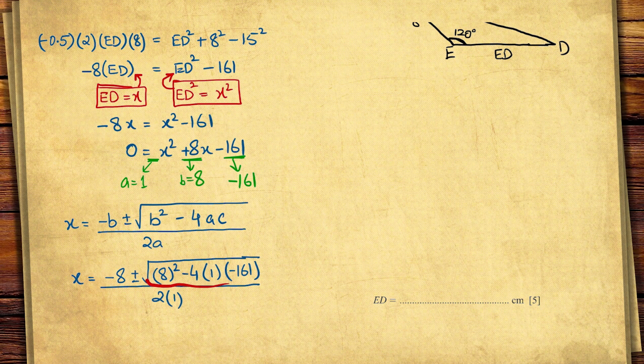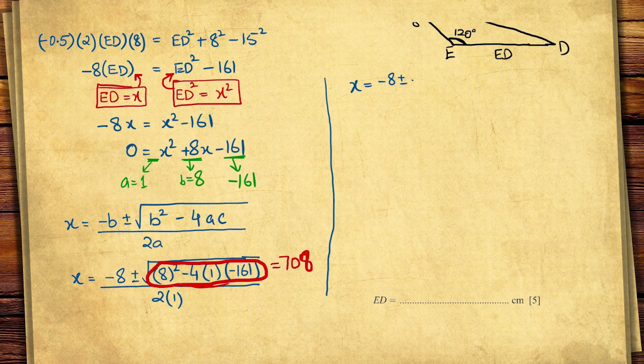Now this entire term inside the square root, 8 squared minus 4 times 1 times minus 161 is equal to 708. So the equation we get is x is equal to minus 8 plus minus under root of 708 divided by 2. Now this plus and minus will give us two equations, one with the plus sign and the other with a minus sign.